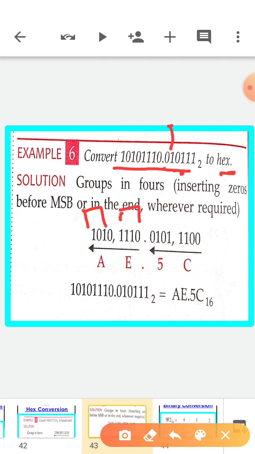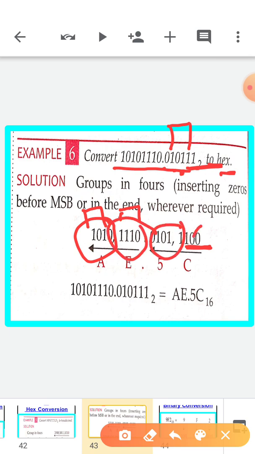These digits have 4. The last two ones are not in 4-bit, so you need to make it 4-bit by adding zeros at the end. Okay, so again find out the decimal number for this binary.